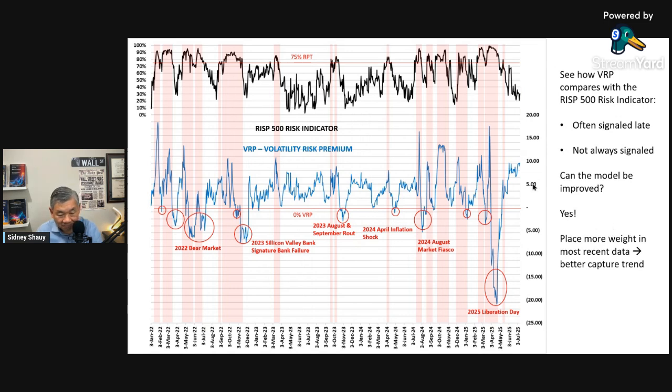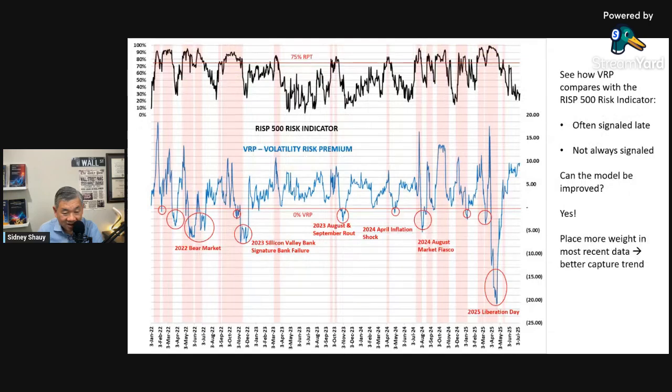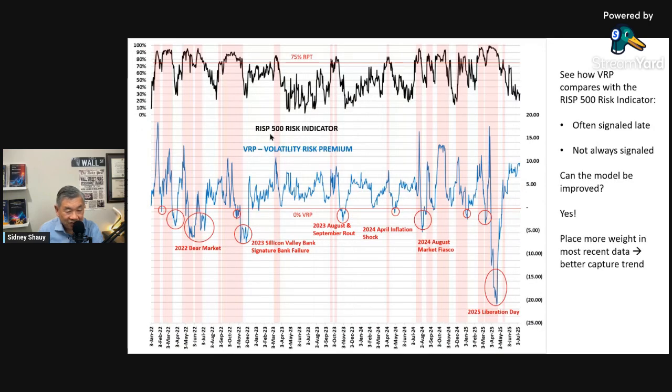All right. So I just want to show you that the RISP 500 is a much better indicator. Why? Because the VRP is just one component of the RISP 500. The RISP 500 has more than 16 variables. All right, so VRP is just one of them. We get information from multiple sources. We're looking at different things.